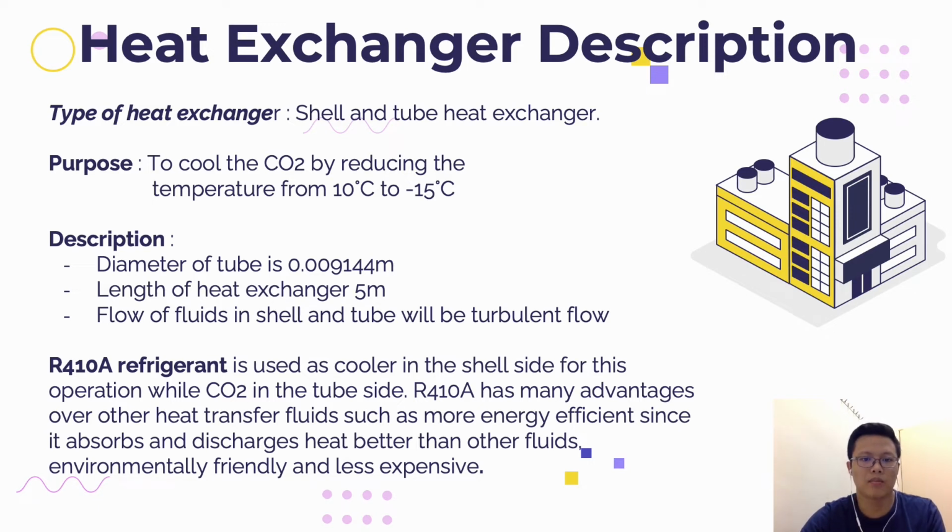R410A has many advantages over other heat transfer fluids, such as being more energy efficient, since it absorbs and discharges heat better than other fluids. It is also environmentally friendly and less expensive.